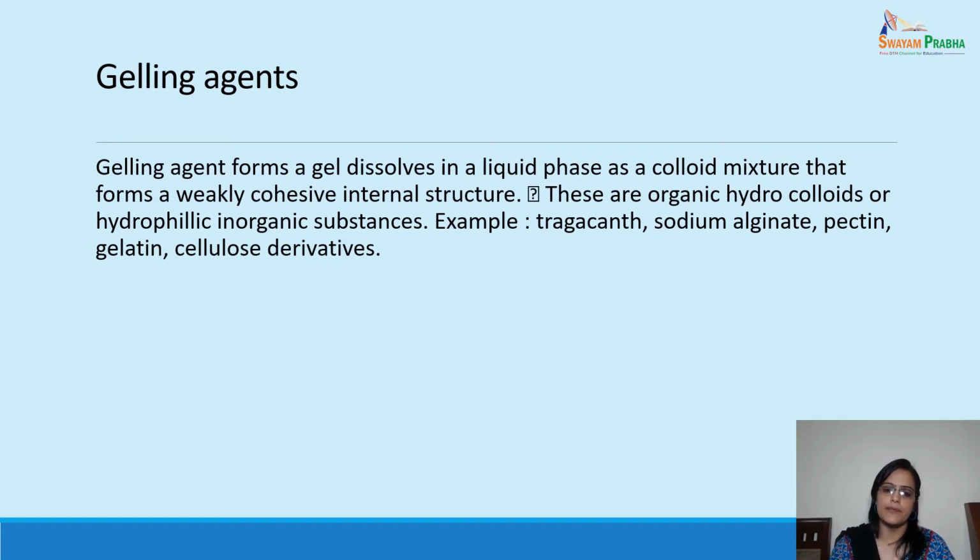There are a few hydrocolloids or hydrophilic inorganic substances that can be used as gelling agents. Tragacanth, sodium alginate, pectin, gelatin and other cellulose derivatives are examples of gelling agents.